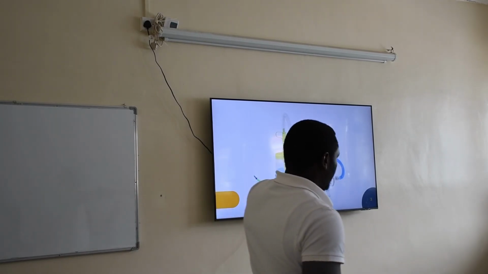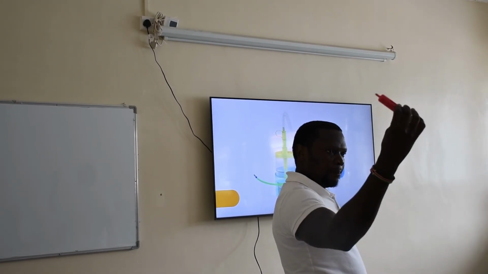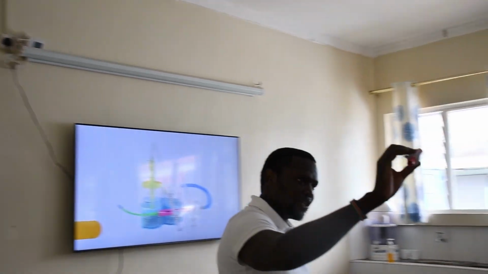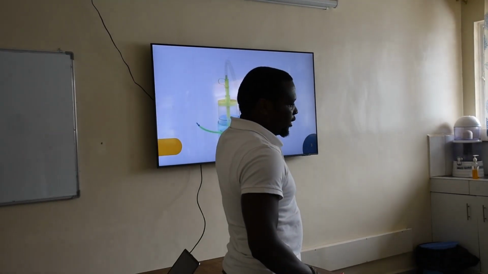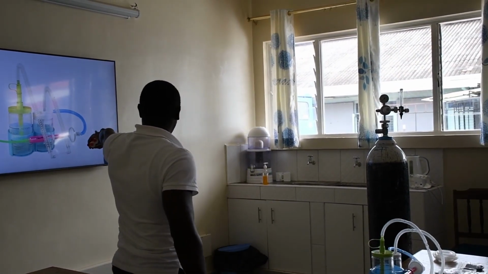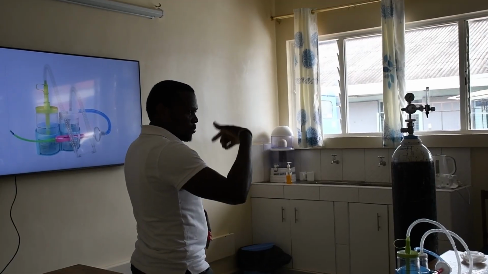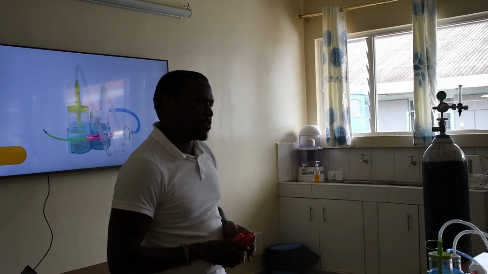It comes from an oxygen source, then to this big object, which is called the blender system. Then it goes to the filter, then for humidification, then goes to the patient. The patient expires, then valve regulation of pressure.